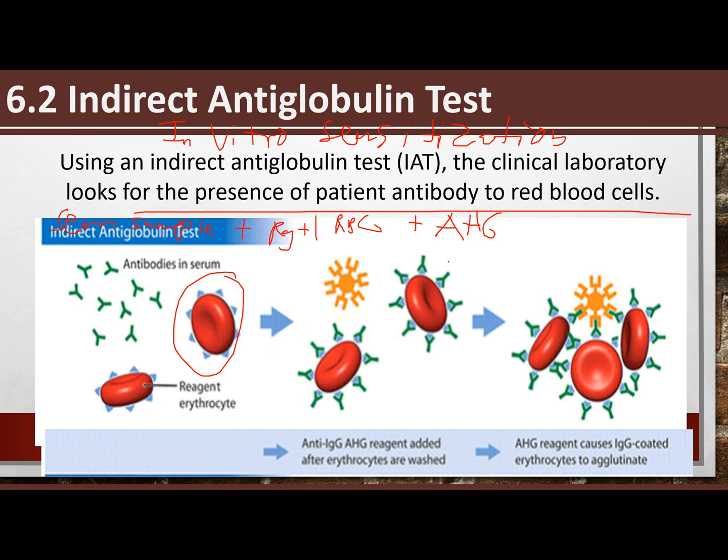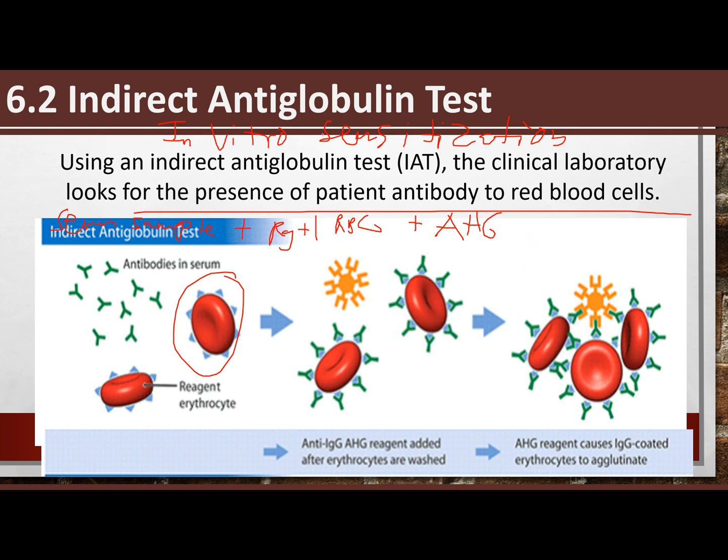Now you add your AHG. And if you add your AHG, class, and if there is agglutination, it just means that in your serum there is the presence of patient antibody to red blood cell.